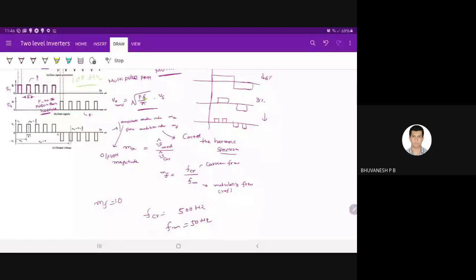With respect to the fundamental, when it is aiding or opposing, that all depends on the current magnitude and sign. You cannot directly say without knowing the current sign.